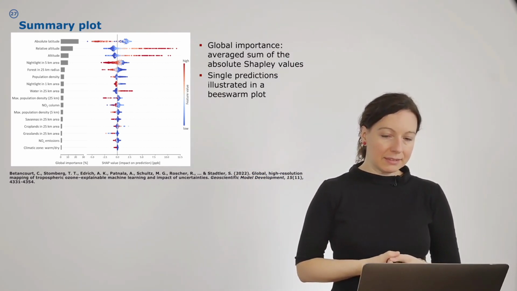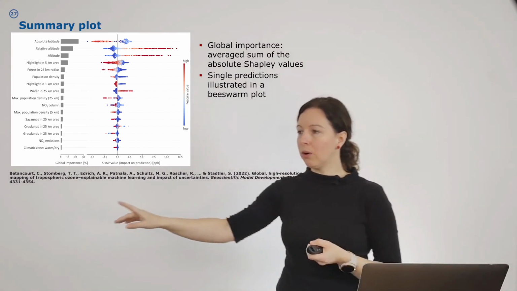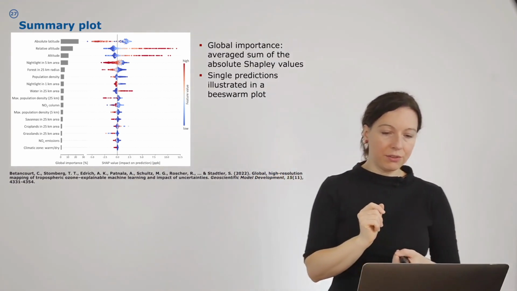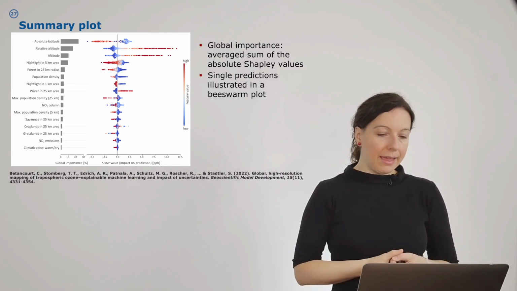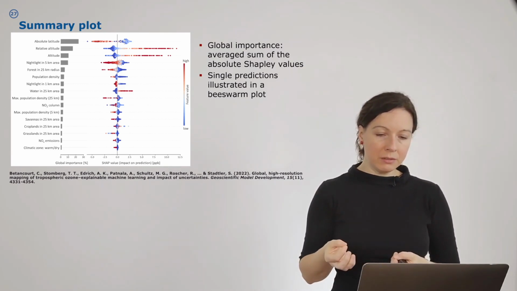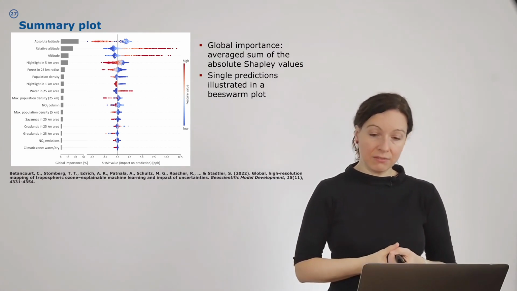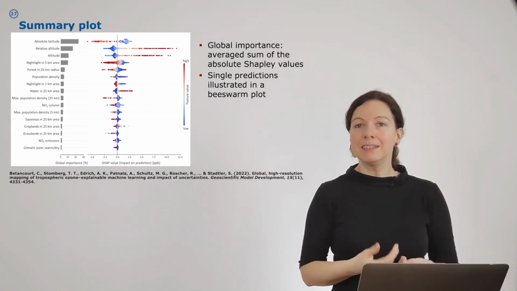And as a side note, because you might wonder why not all features are illustrated here, I only illustrated the features with more than 1% global importance. And the global importance of the features absolute latitude, altitude, relative altitude and nightlight in 5 kilometer area are highest, with a contribution of at least 10%.